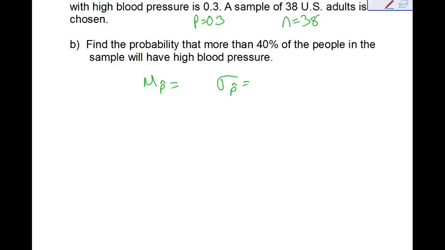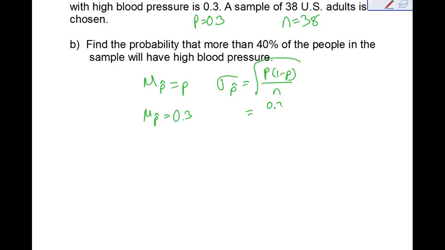Our mean is p. So our mean for p hat is 0.3.